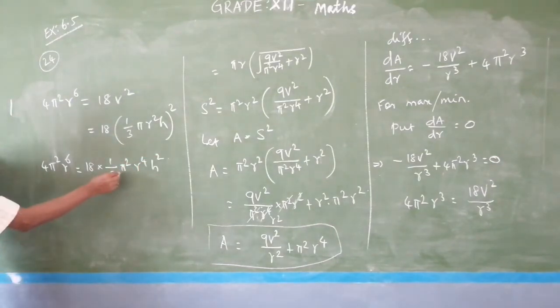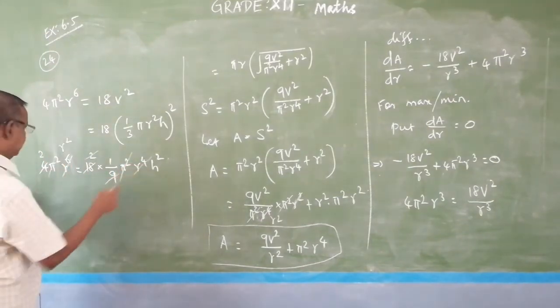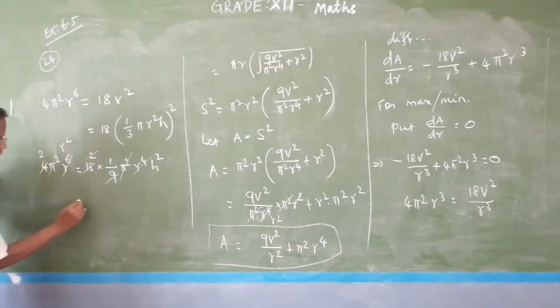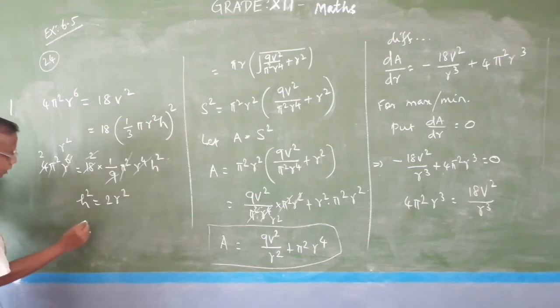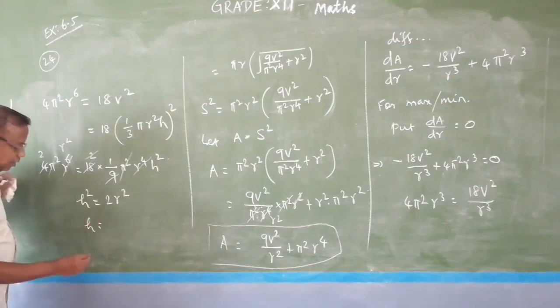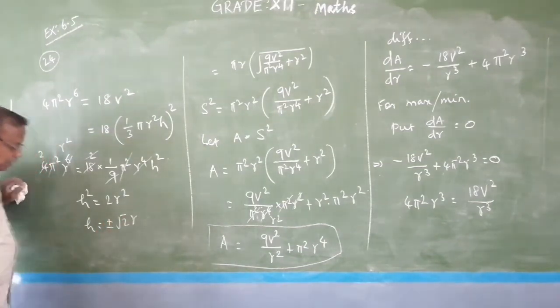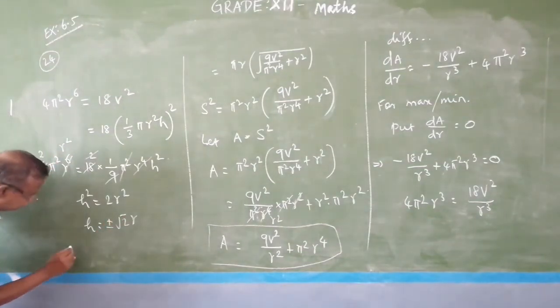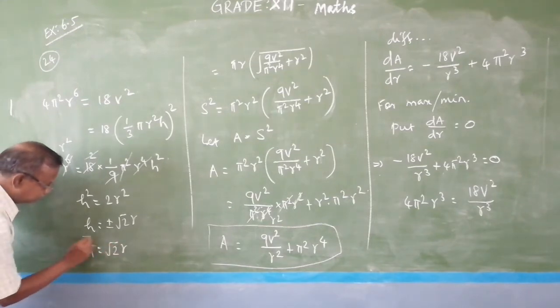Now 9 goes into 18 two times, pi square entirely cancels, and r power 4 cancels with r power 4, leaving r square. Here we have only h square, and here 2r square, therefore h square equals 2r square and h equals plus or minus root 2 r. The negative value is not possible, therefore h equals root 2 r.